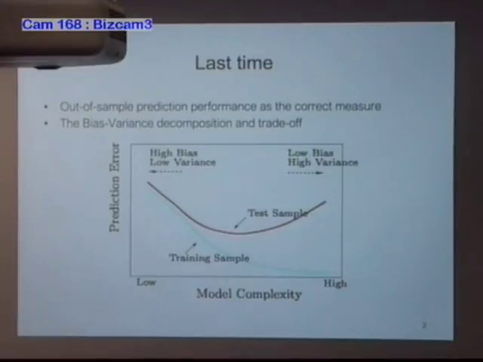But before moving on to today's topic, there was something I want to clarify, probably not so clear. So last time we talked about several concepts of errors. Number one thing we talked about was the training error, right? We have a data set we use to train our model.